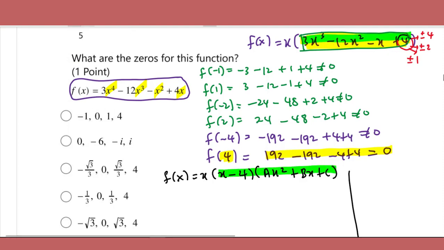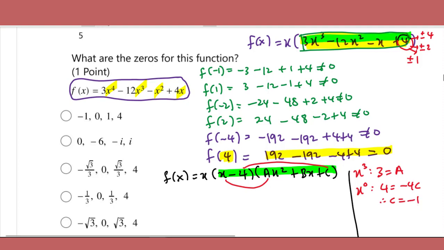Compare x cubed: here it is 3 and here it is a, so a equals 3. Compare the constant: this one is 4, and the other is negative 4 times c, negative 4c, therefore c equals negative 1.